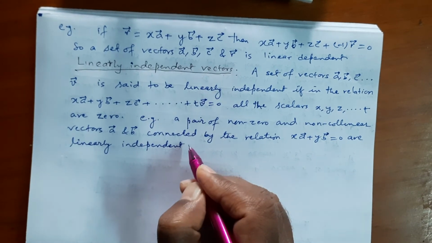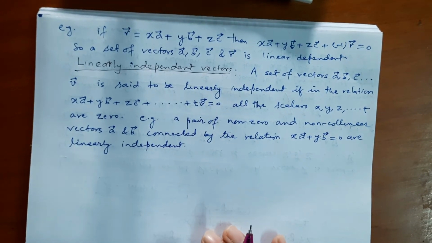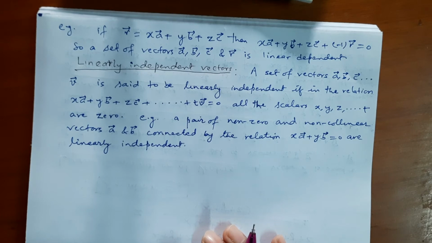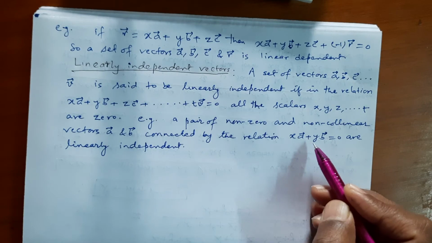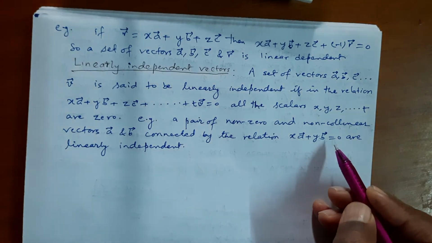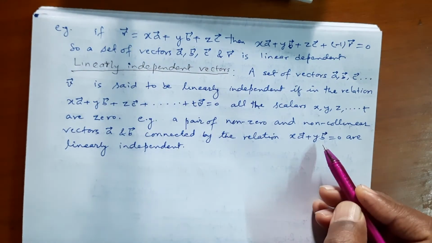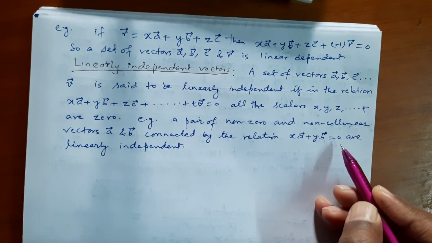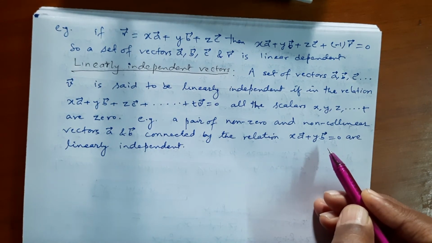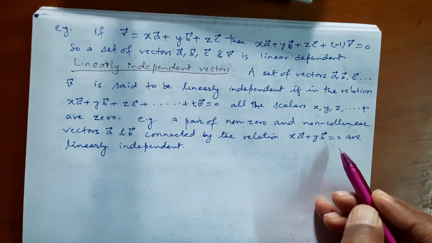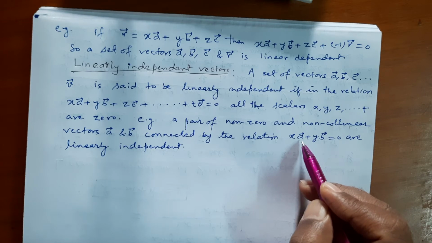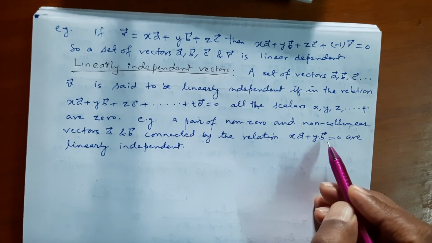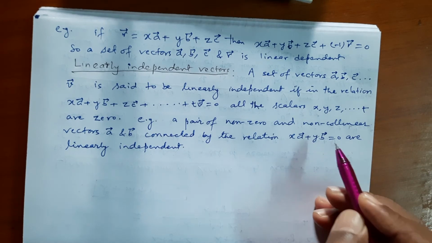Okay, they are linearly independent. Here in two-dimensional vectors also, in the previous video we discussed that if A and B are two non-zero and non-collinear vectors and x and y are scalars such that xa plus yb equals 0, then x equals 0 and y equals 0. We had written that, and here both scalars are 0, then vector A and vector B are linearly independent vectors. Okay.